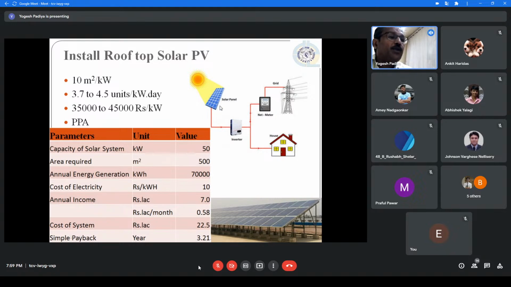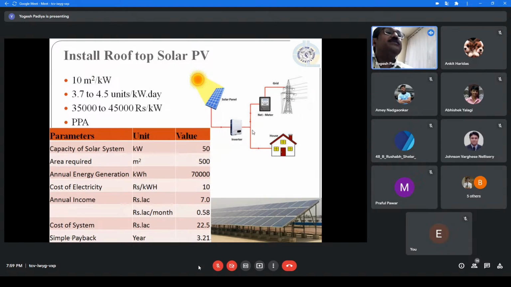The power produced from the solar panel is DC in nature. But for home appliances, you require AC power. So you require an inverter. An inverter is a device which converts DC power to AC power. Now this AC power can be directly used for your home.